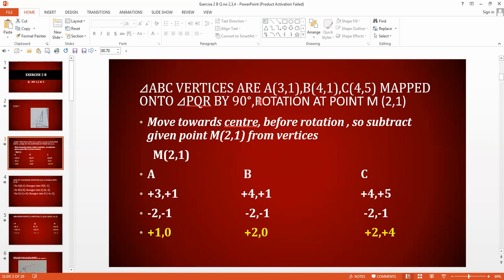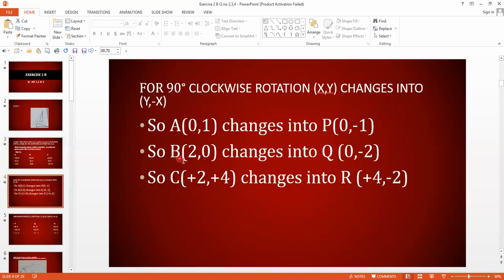Because for 90-degree clockwise rotation, it is compulsory that this ordered pair will be changed. This X will become Y and Y becomes X. So we have 0 and minus 2. Okay, look here. So B (2, 0) will change into (0, -2). Plus 2 and plus 4 changes into plus 4 and minus 2. Clear? This is the second step. Now we come to the third step.